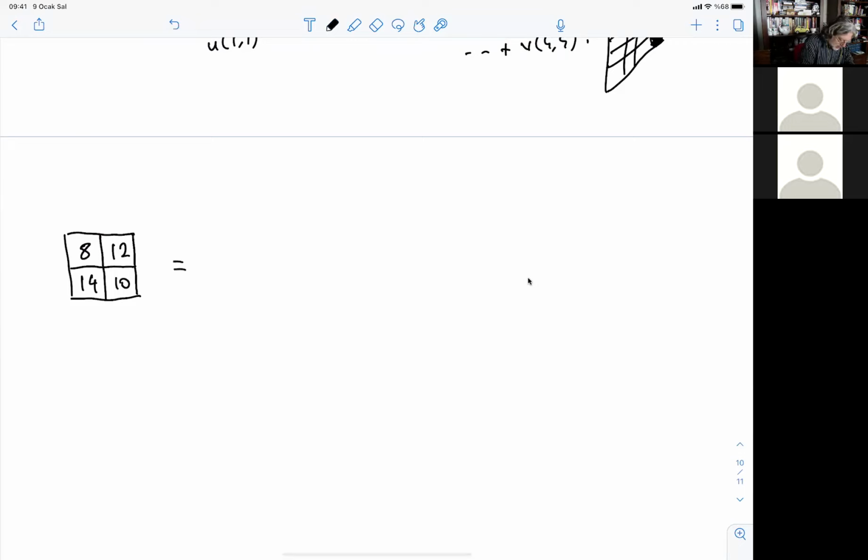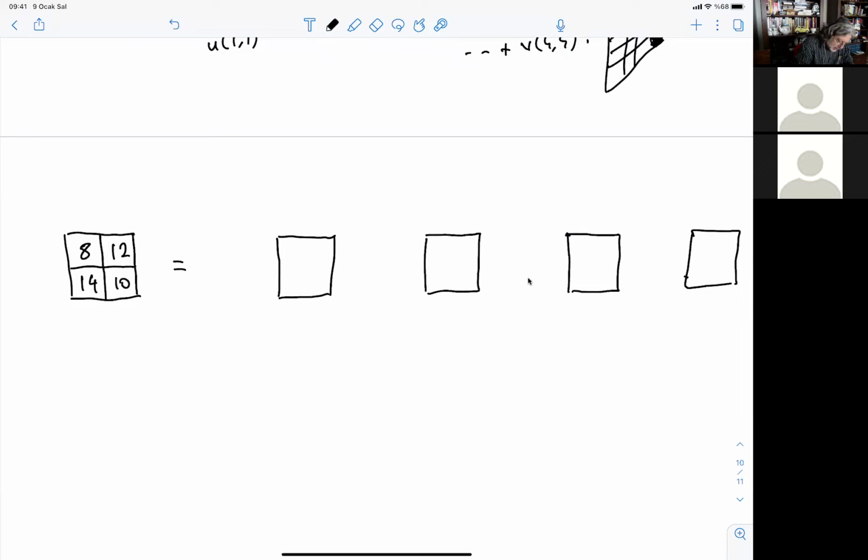And I want to express it in terms of some basis images. 4 basis images, essentially, are necessary for this. The first, the second, the third, and the fourth basis images. And I will design these basis images heuristically.